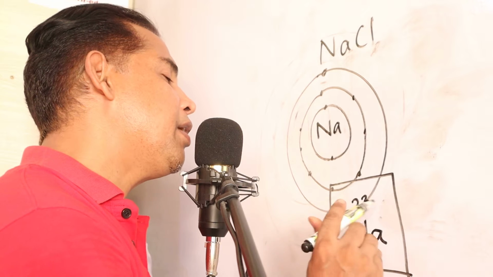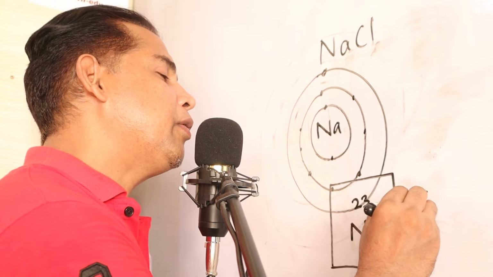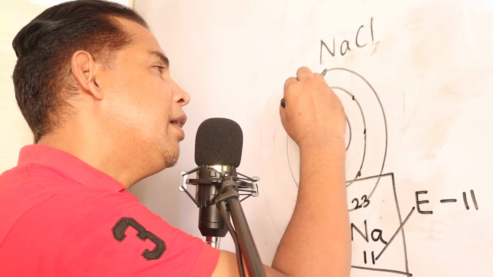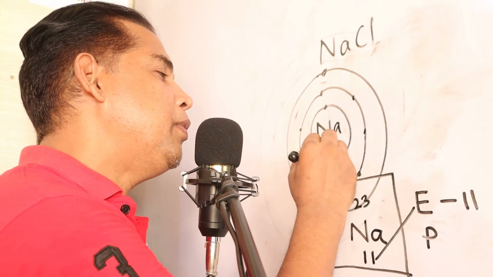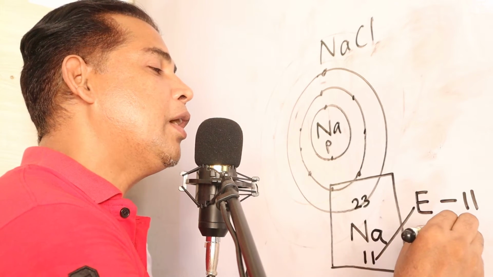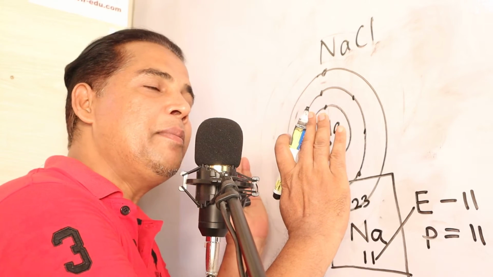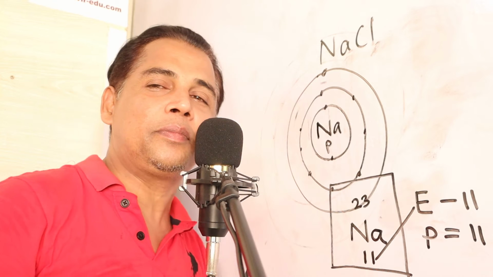This atom is a neutral atom, because the number of electrons, 11, existing outside and the number of protons existing inside the sodium are both equal. So sodium is exposing natural behavior.